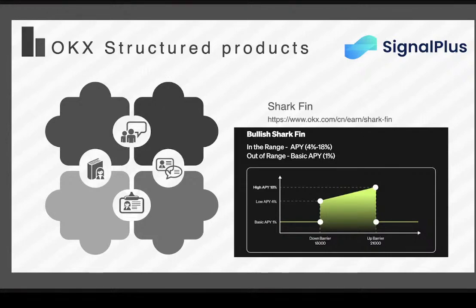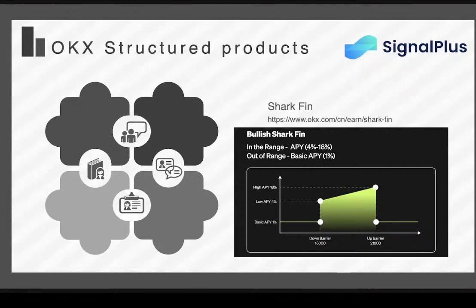For example, when we look at one of the structured products in OKX, Shark Fin, this is the P&L chart of a bullish Shark Fin. When the price stays within a range, the user, the lender or the trader can get 4 to 18% APR.